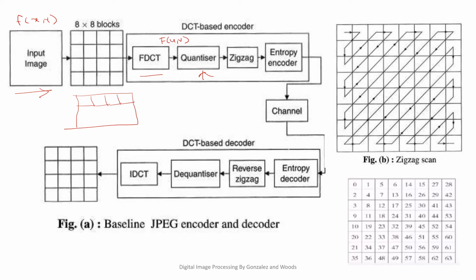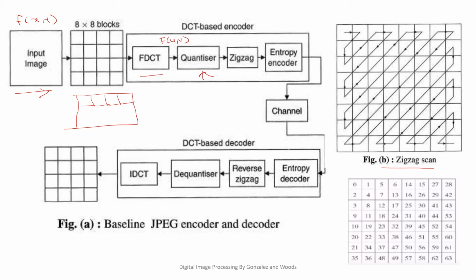after the coefficients are quantized, they are ordered according to the zigzag scanning, as shown here in figure B. The purpose of this scanning is based upon the observation that most of the high frequency coefficients are zero after quantization.